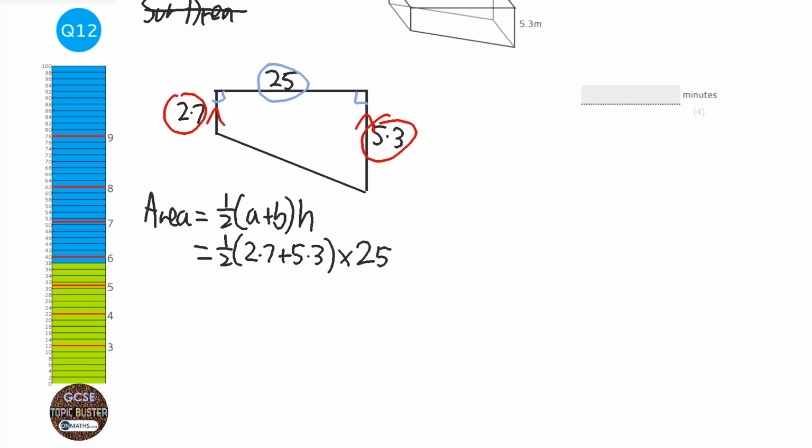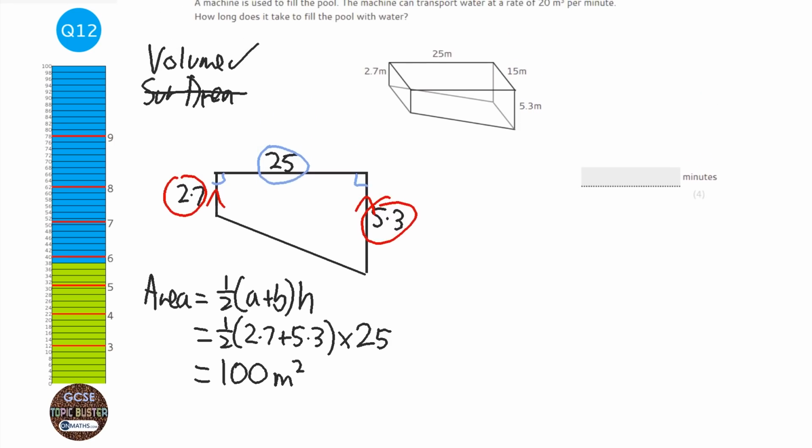Okay, so we'll crack our calculator out. Some of you will probably see this straight away. The first bit comes out as 4, because halfway between 2.7 and 5.3 is 4, and then times 25 is going to be 100. So the area is 100 meters squared.